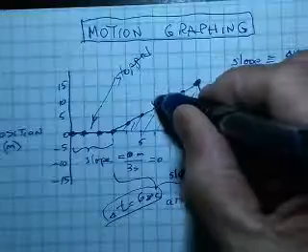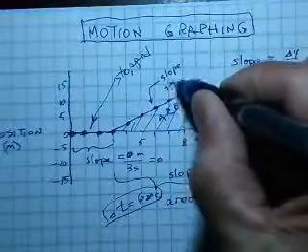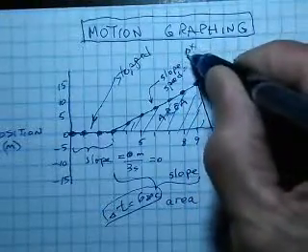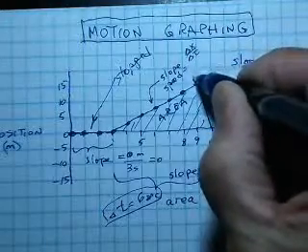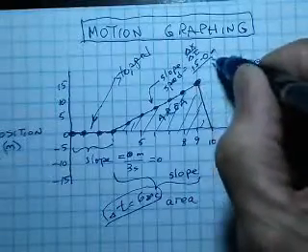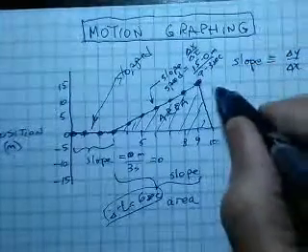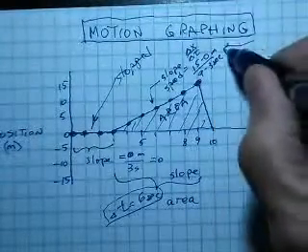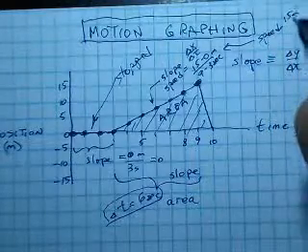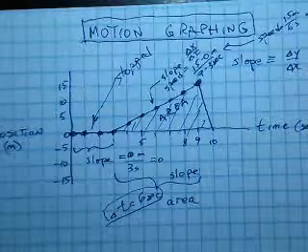So that tells me that my speed here, my slope, is change in meters divided by the change in time. 15 minus 0 meters over 9 minus 3 seconds. Or to put it another way, my speed is 15 meters in 6 seconds, or 2.5 meters per second.